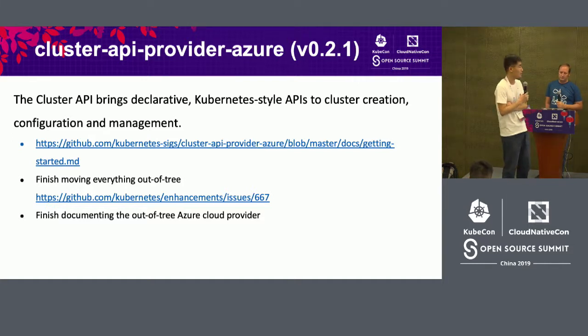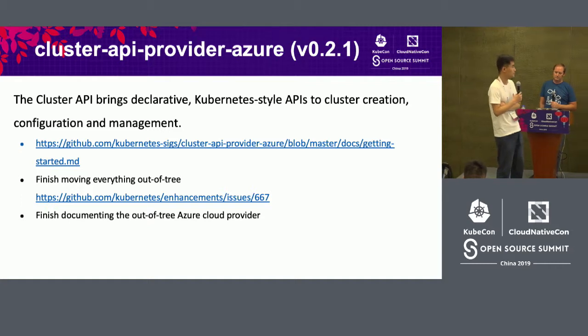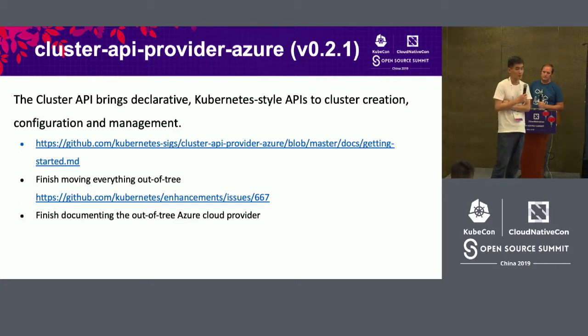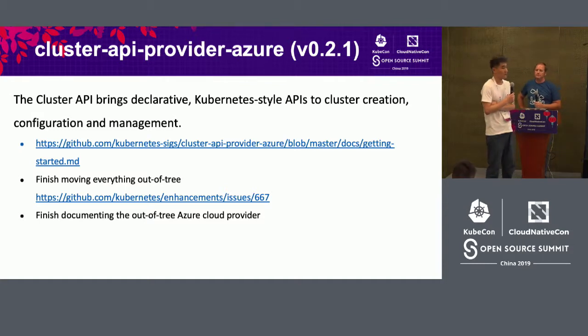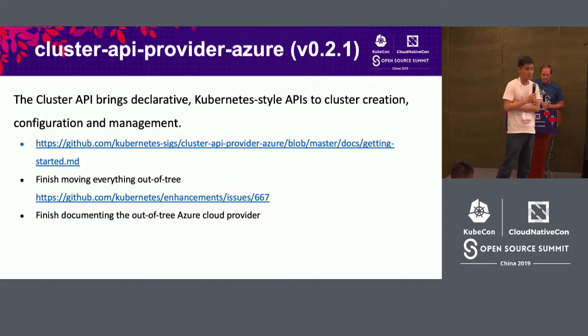So it has been the official project in Kubernetes, and it also brings the cluster API related project also working in Azure. So the repo here is in the Kubernetes 6 org.